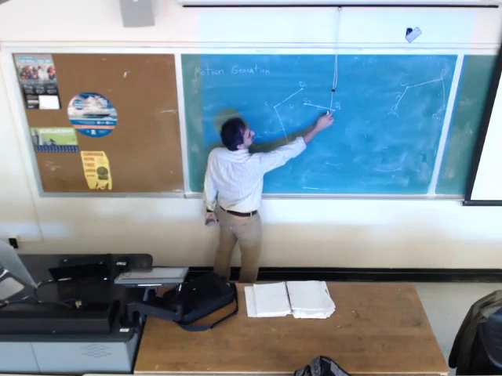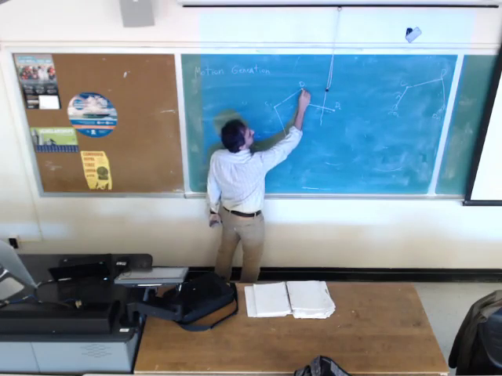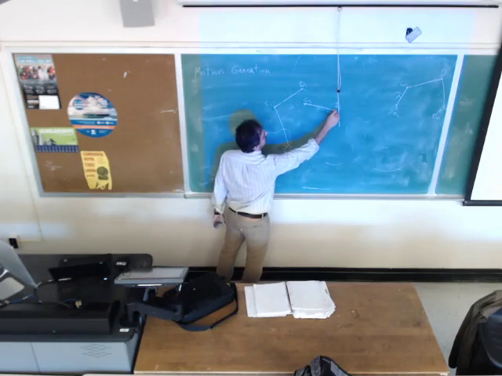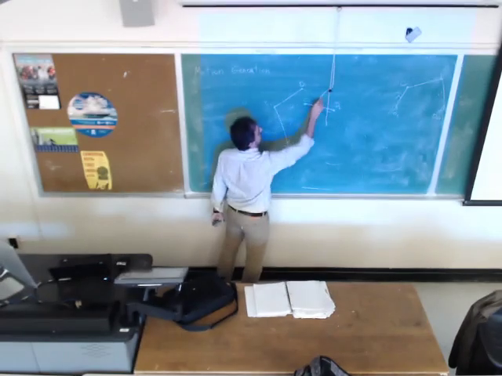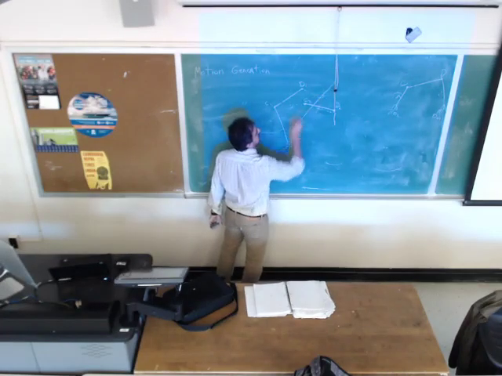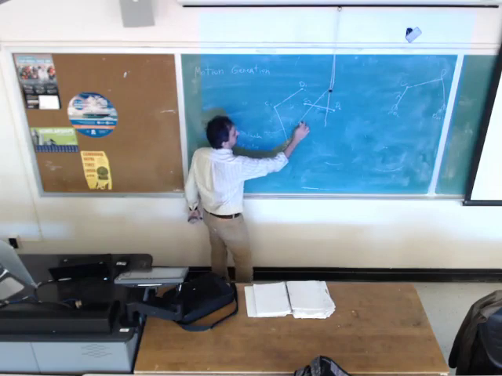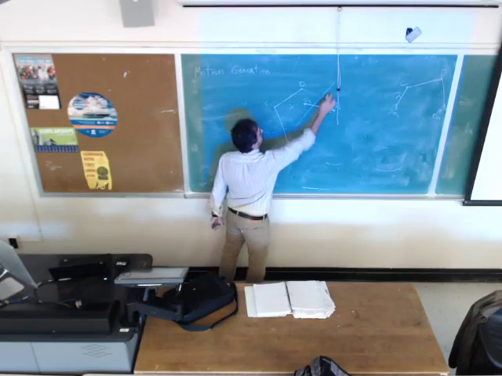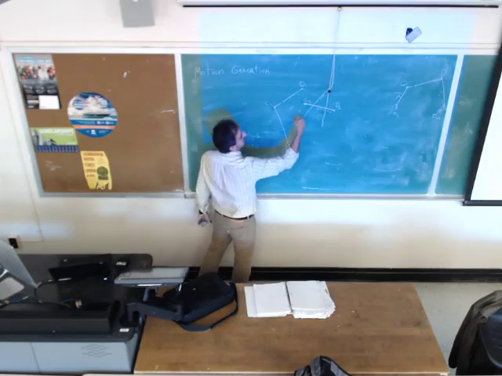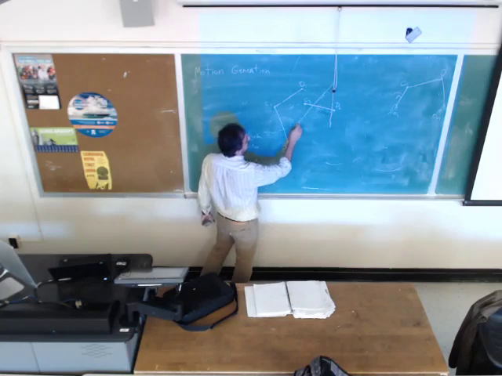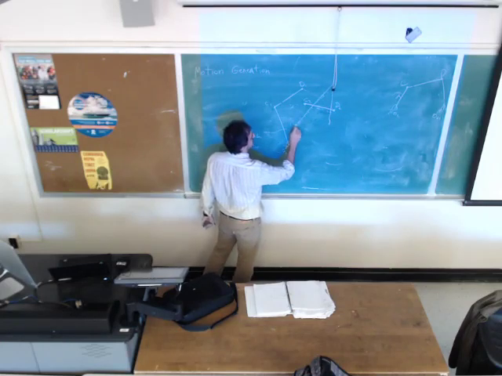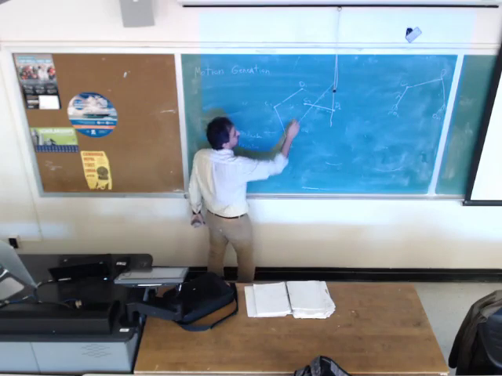O4 should have the same distance from B1 and B2. So I connect these two, draw a perpendicular bisector. Pick any point on this line. I pick this point and label it as O4.